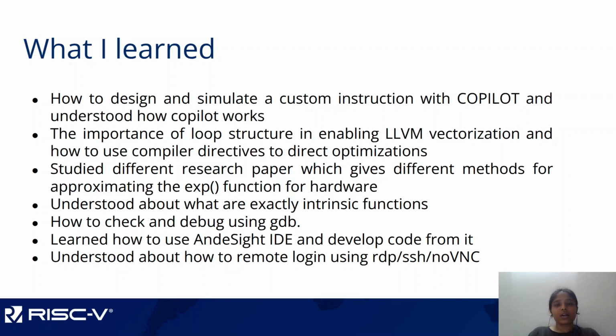I also learned a lot of approximation methods for exponentials, and this journey of 4 days was very amazing and very insightful.